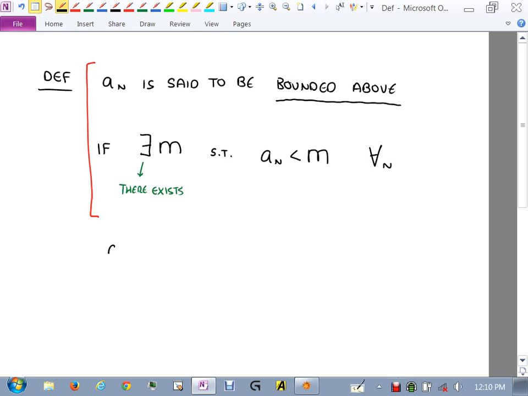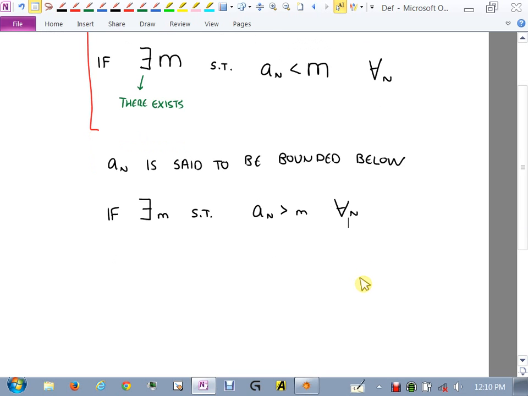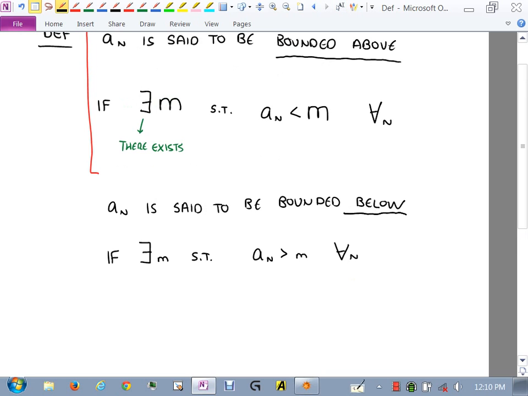A sub n is said to be bounded below if there exists a little m such that, how do I write this one? A sub n is greater than little m for all n. So that's the floor, right? It's a lower bound.